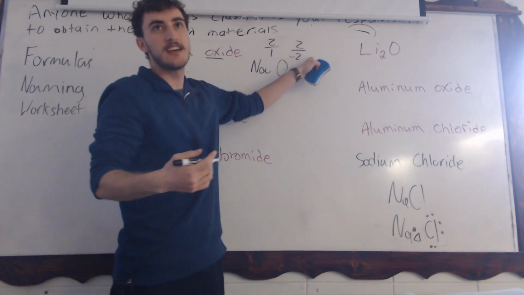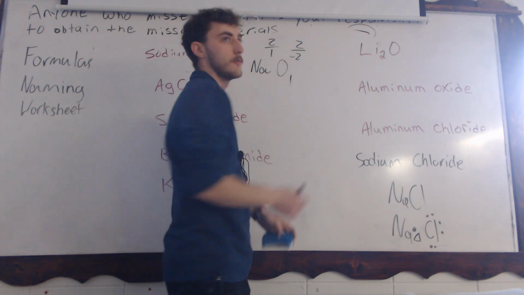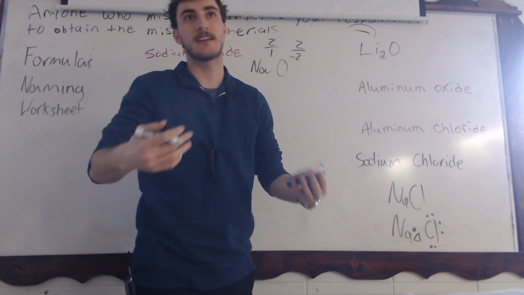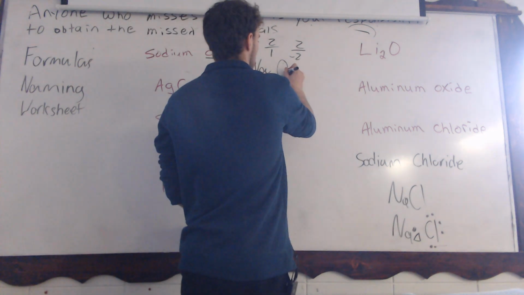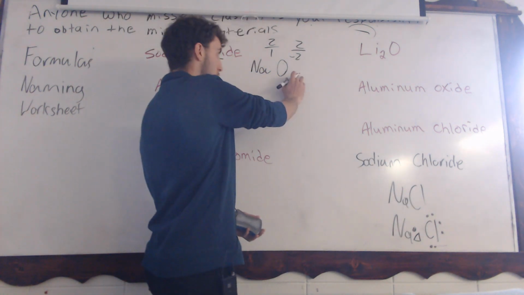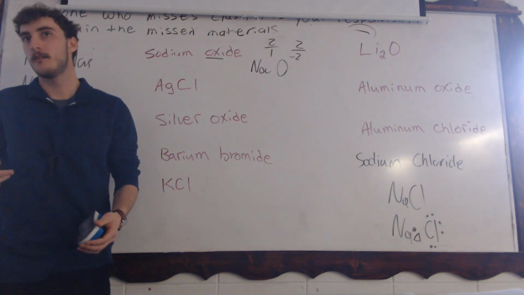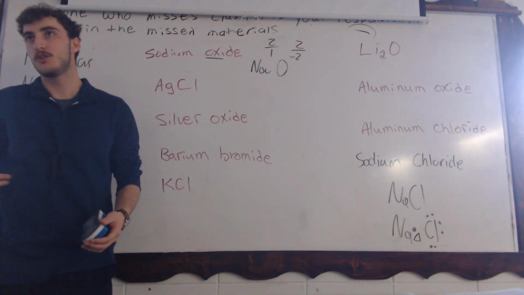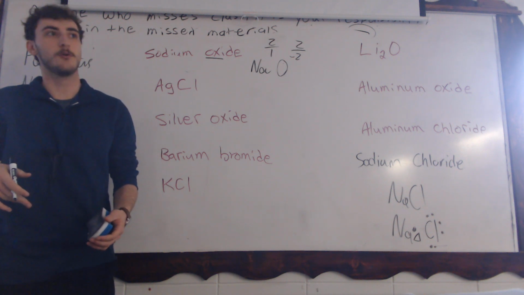So this is just going to tell me how many I have, right? So 1. We don't have to write 1. It's expected. If there's no number, it's 1. Okay? So 1, 1. 2 divided by 1 is what? 2.